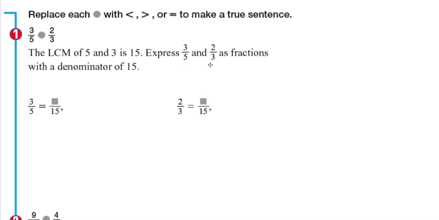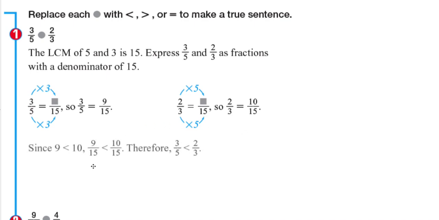So 3/5 as a fraction with denominator 15: multiply by 3 and you end up with 9 over 15. 2/3, multiply by 5 as well, and you end up with 10 over 15. Then we simply compare the numerators. Since 9 is less than 10, 9/15 is less than 10 over 15, therefore 3/5 is less than 2/3.